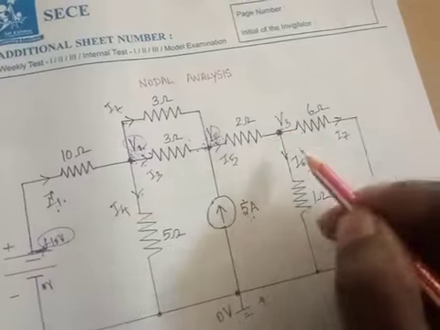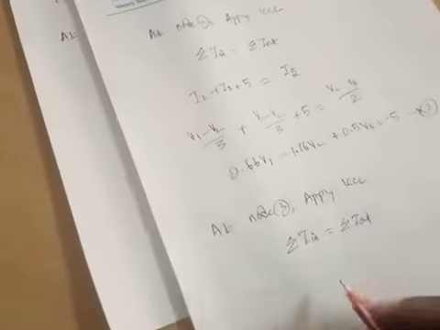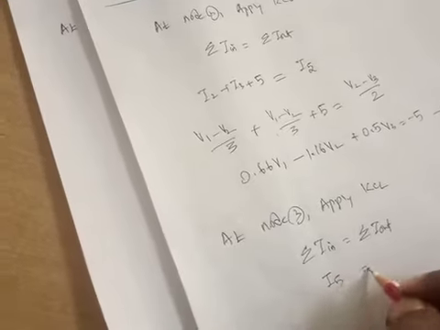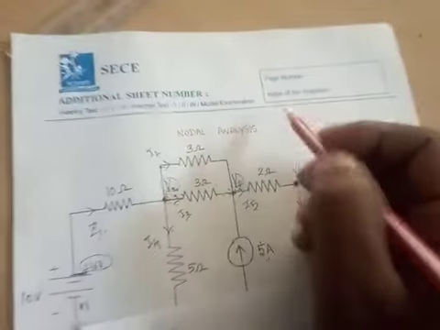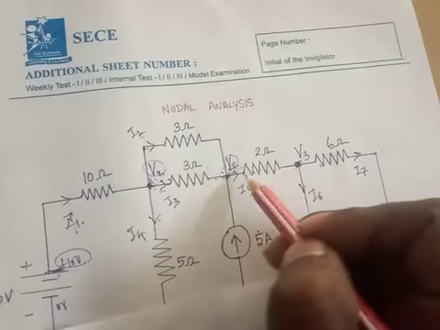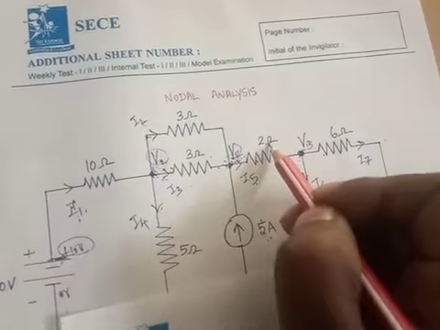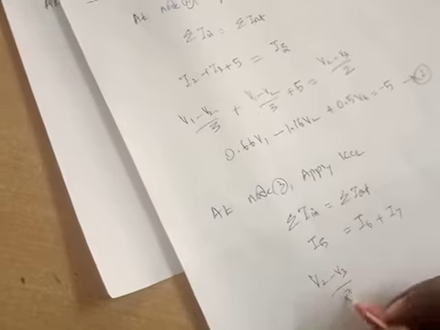I5 is incoming current, I6 and I7 are outgoing current. So this can be written as I5 equal to I6 plus I7. I5 is flowing from V2 potential to V3 potential. So potential difference is V2 minus V3. The resistance 2 ohm. So V2 minus V3 divided by 2.